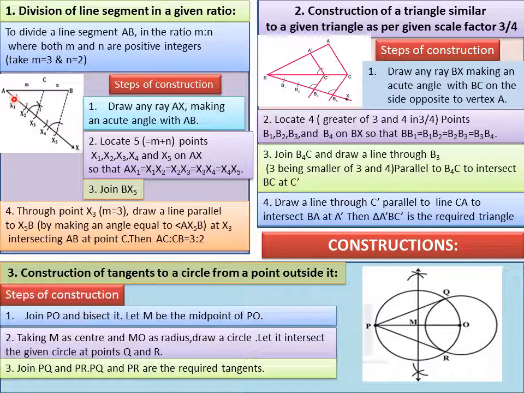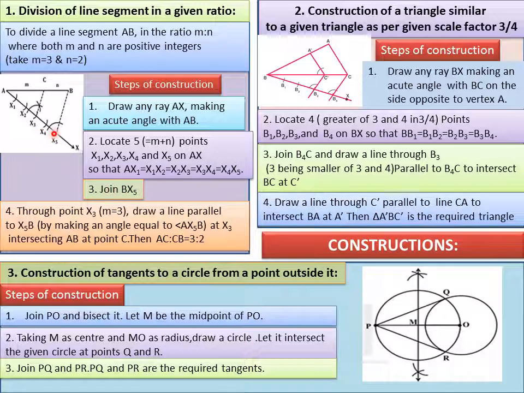So a total of 5 points are identified on line AX, which are at equal distance, such that AX1 is equal to x1x2, which is equal to x2x3, and that is also equal to x3x4 and x4x5.